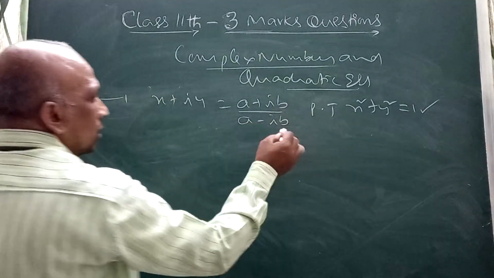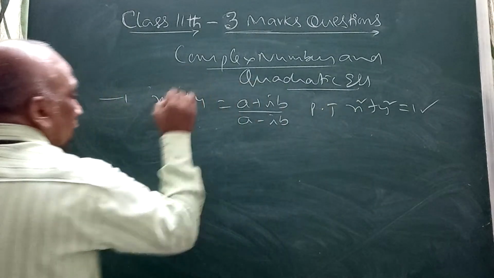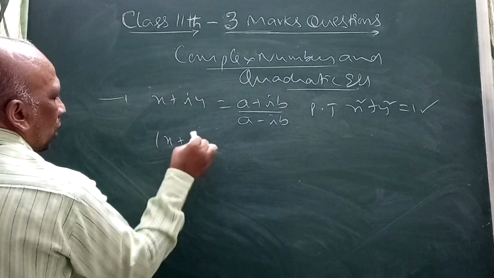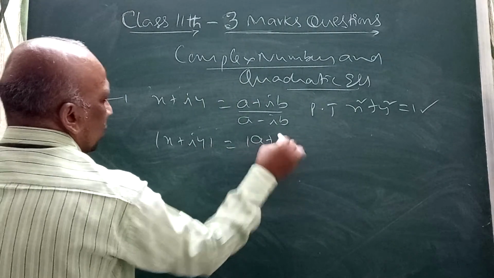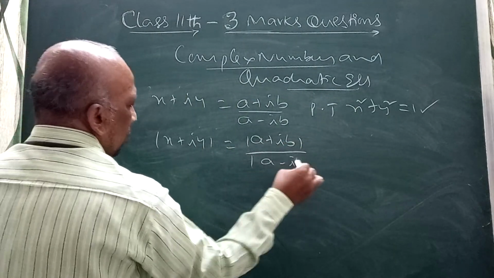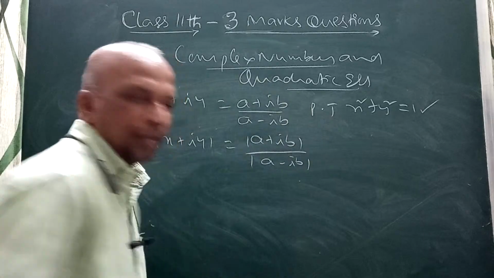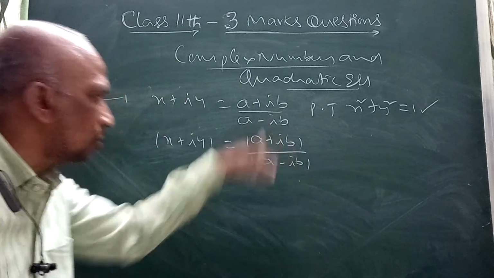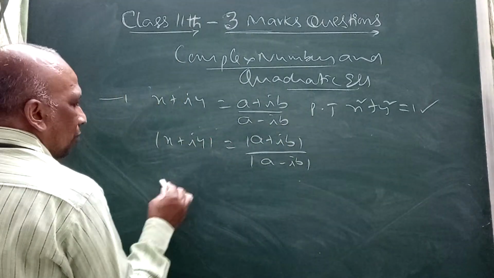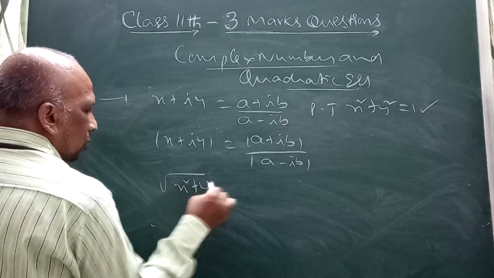When it is given like this, to get x square plus y square, apply mod on both sides: mod of a plus ib over mod of a minus ib. Mod of x plus iy is root of x square plus y square.